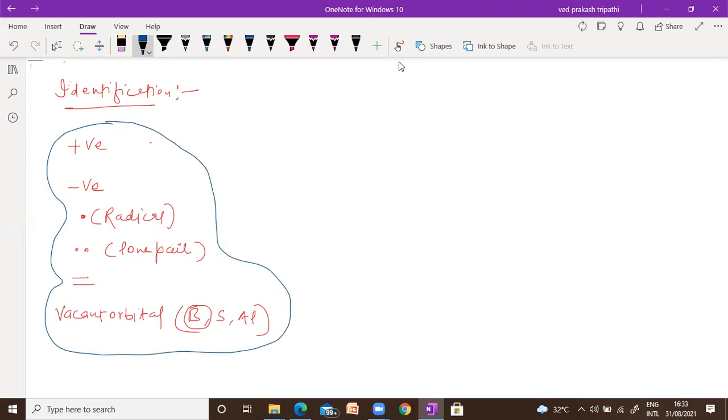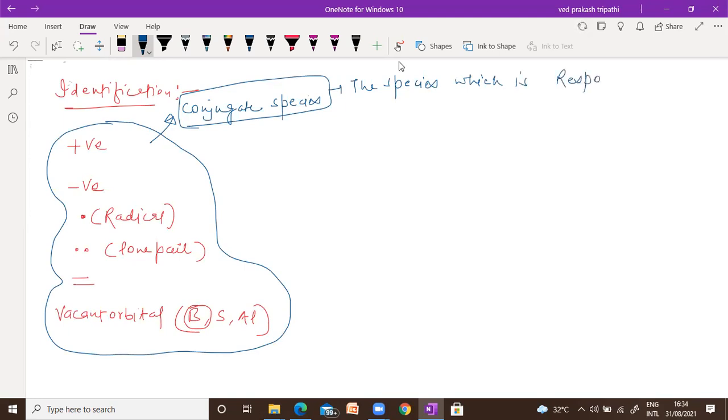They are treated as conjugate species. Conjugate species means the species which is responsible for resonance.